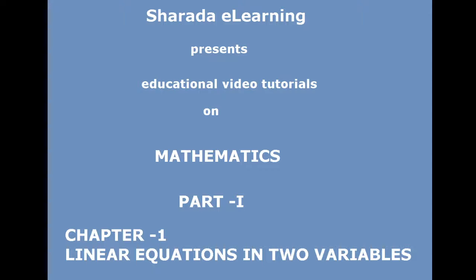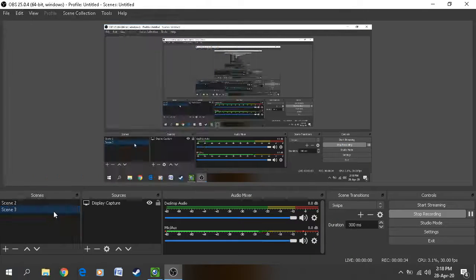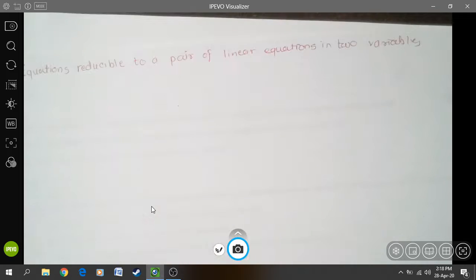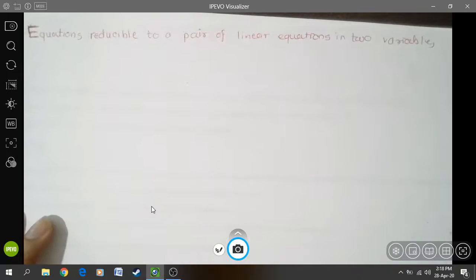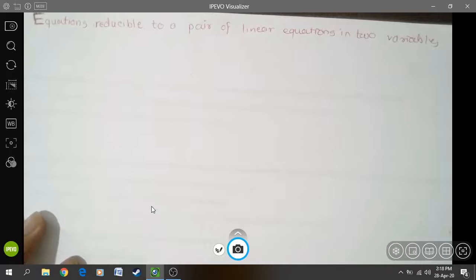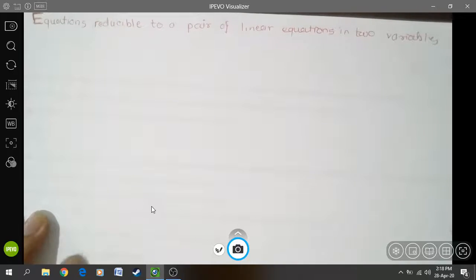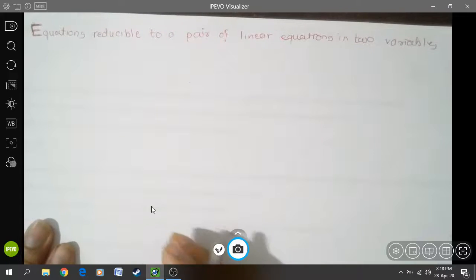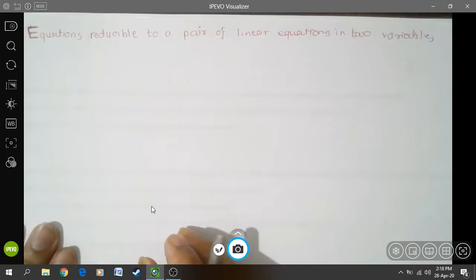Now we are going to see our next part of this topic, which is equations which are reducible to a pair of linear equations in two variables. Reducible means change or convert.